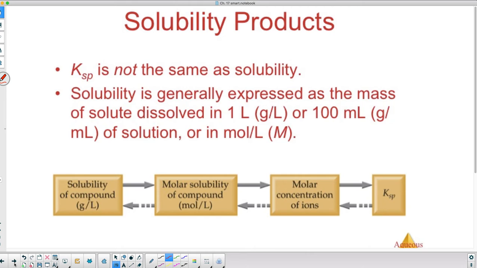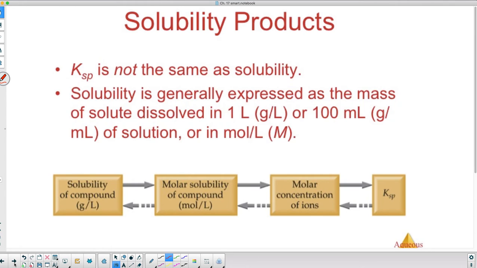Ksp is not the same as solubility. Solubility can change drastically with common ions, with pH, with a whole bunch of different things. Ksp is a lot more stable, and it describes a whole bunch of different compounds at one temperature.